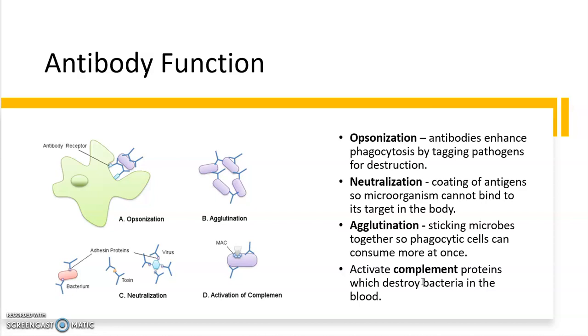If we remember, complement is a series of proteins in the blood that when they become activated by something like antibody production, they will form an MAC complex or a membrane attack complex, which is a ring of proteins that will sit on the surface of bacteria, which we see here, and essentially poke holes in the cell membrane of the bacteria, which causes it basically to shrivel up and die. It's kind of like they're stabbing the bacterial cells.